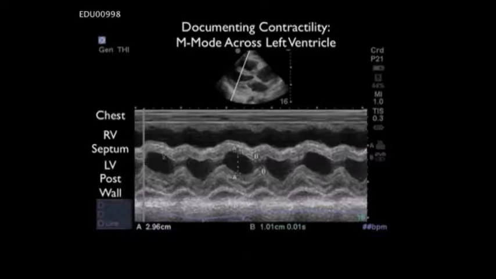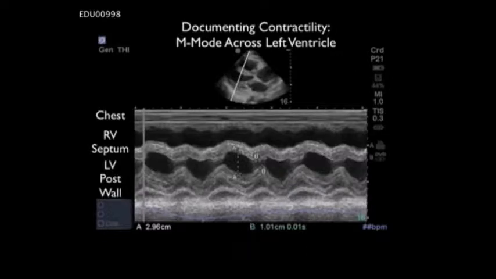Here we see the chamber size at maximum of the left ventricle during diastole and systole. And we can calculate end diastolic diameter, which is shown here by caliper A, and measured at 2.96 centimeters of the left ventricle. We can also measure end systolic diameter of the left ventricle, as shown by caliper B, at 1.0 centimeters.